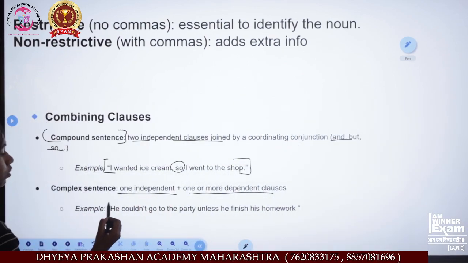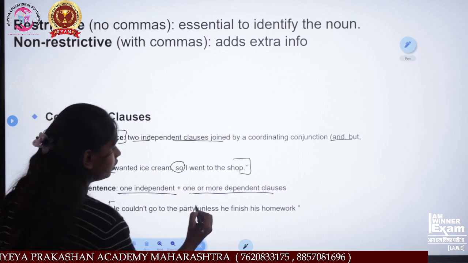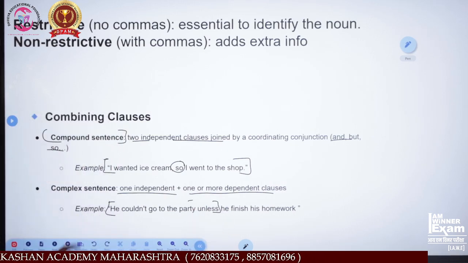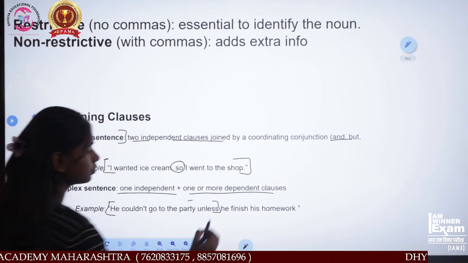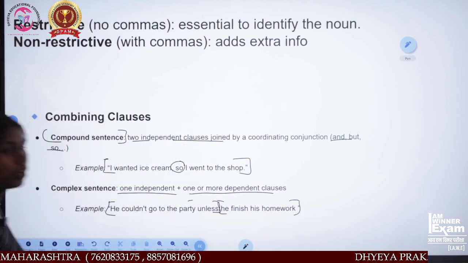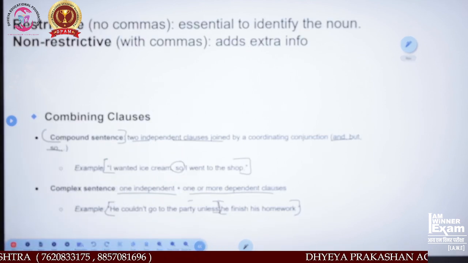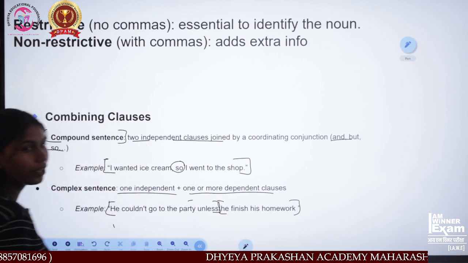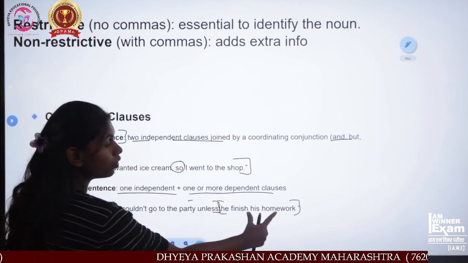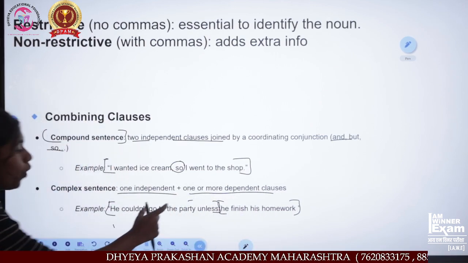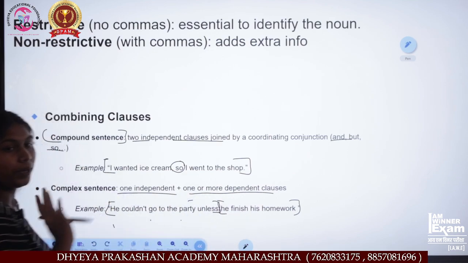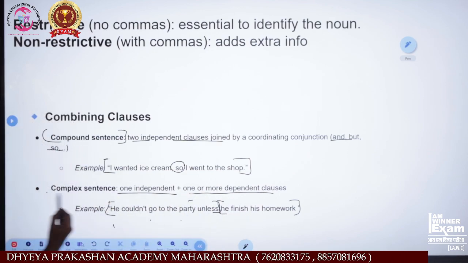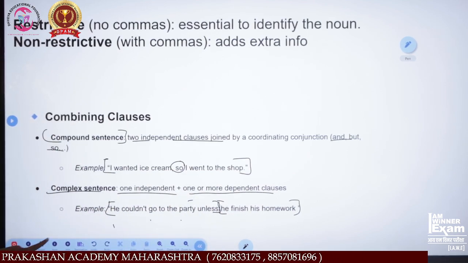Now in this, he couldn't go to the party unless, this is one sentence. He finishes homework. This is another sentence. Now this sentence is dependent on this sentence, okay. So one dependent and one independent sentence is there. So it is known as complex sentence.